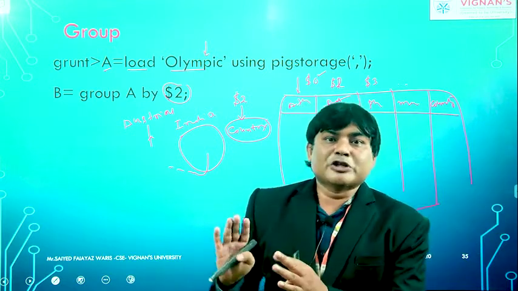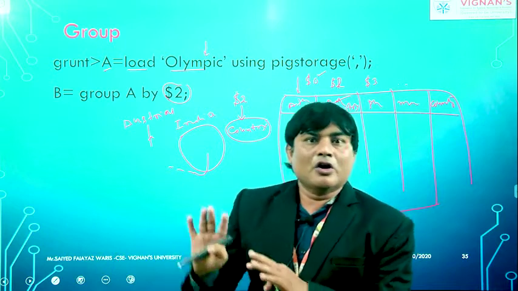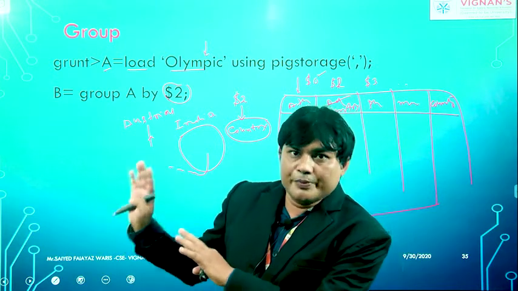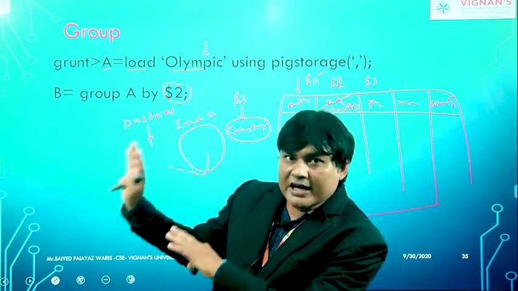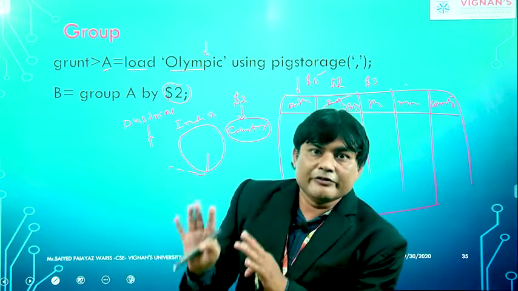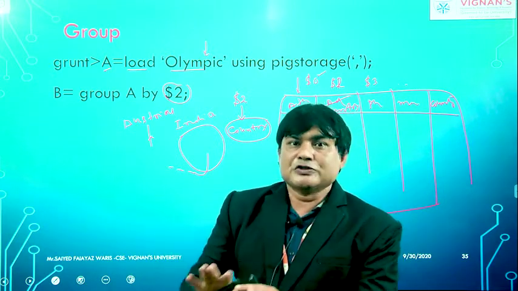Suppose you take Sudan. Sudan is a country. All the Olympic data related to the country Sudan must be in one group called Sudan.